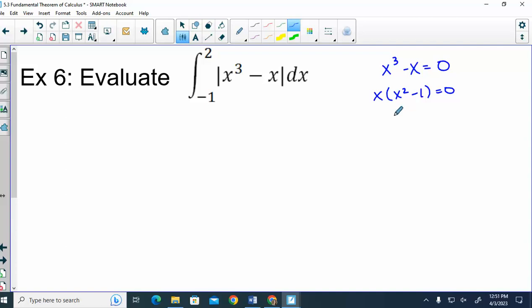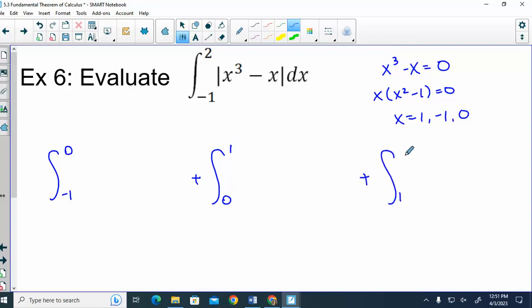So what makes this 0? 1, -1, and 0, right? So we're going to go from -1 to 0, and then from 0 to 1, and then from 1 to 2.